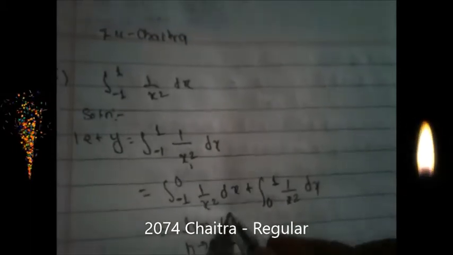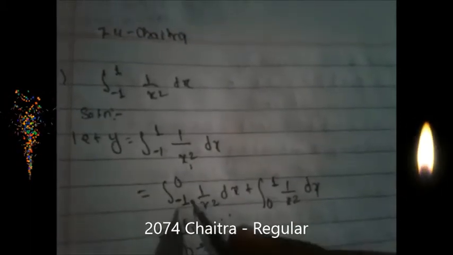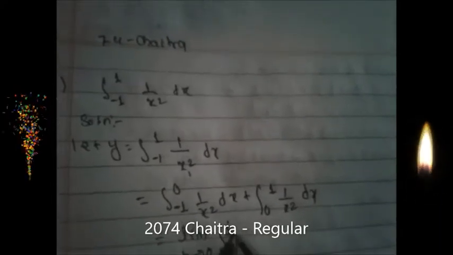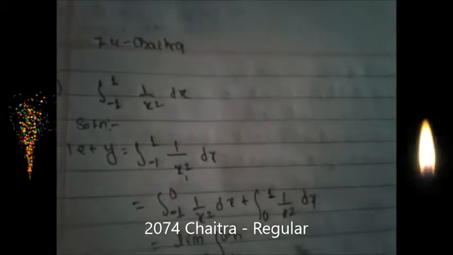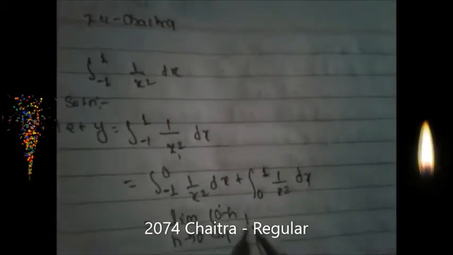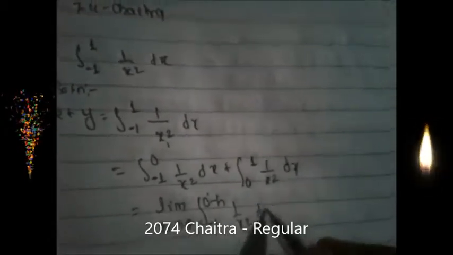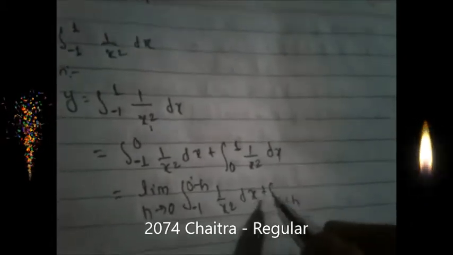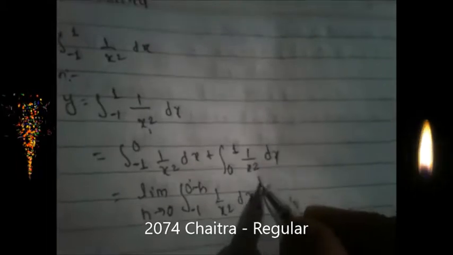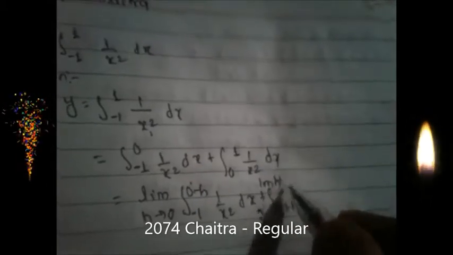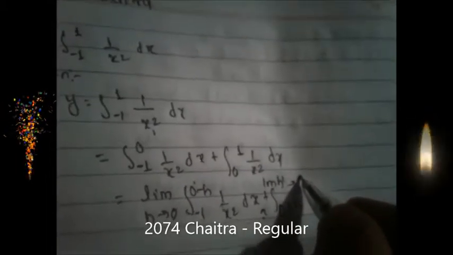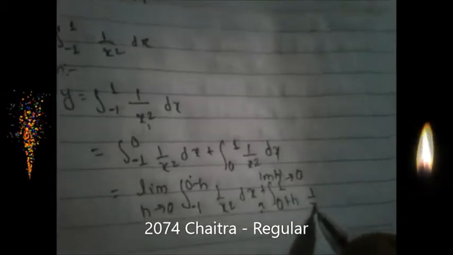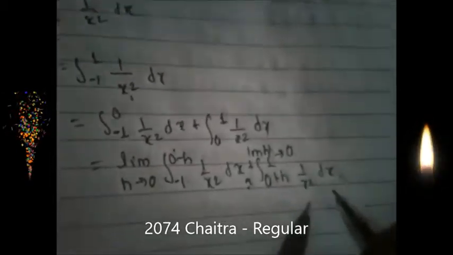Now from here, the integral from -1 to 0 minus h of 1 upon x square dx plus the integral from 0 plus h' to 1 of 1 upon x square dx. Your limit is missing, so limit h' tends to 0.